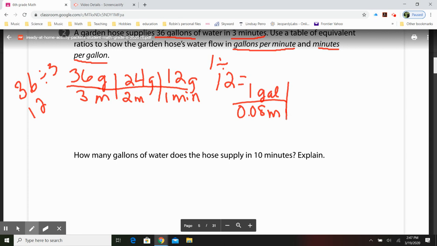And you can continue the chart out for 2 gallons and 3 gallons. Just double this, which is 0.16 minutes. And then for 3, you have 0.24 minutes.